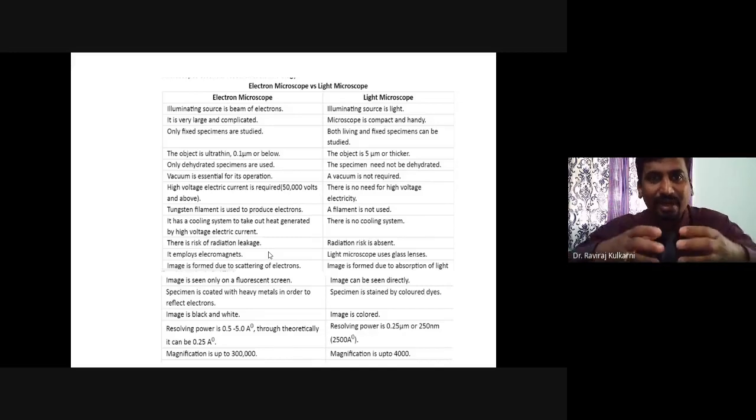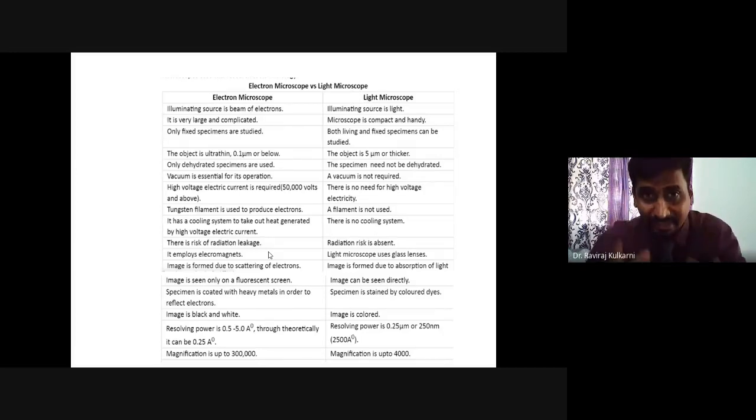You got it? You require electromagnetic lenses, not the optical lenses. Optical lenses will absorb electrons. So what we require is electron lenses, electromagnetic lenses, which focus the beam of electrons towards the specimen.